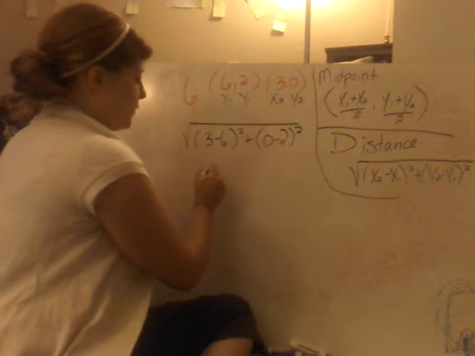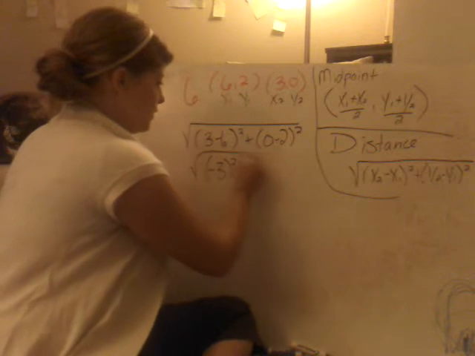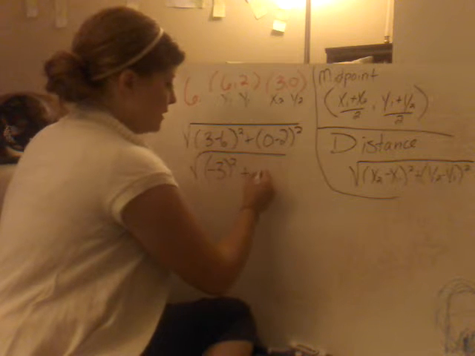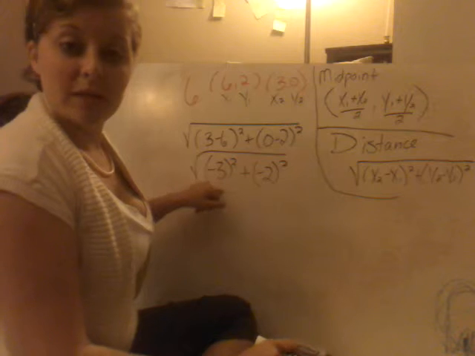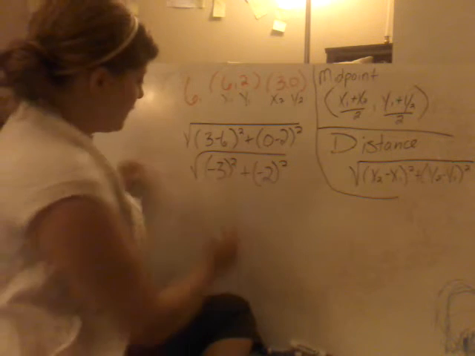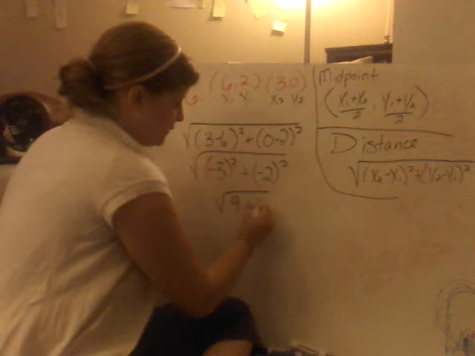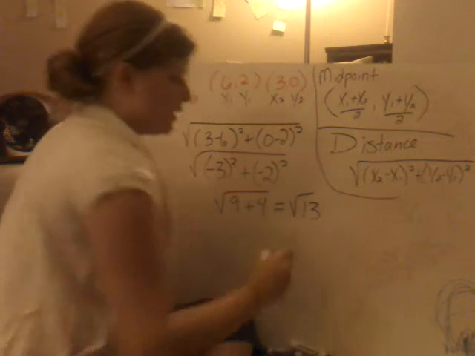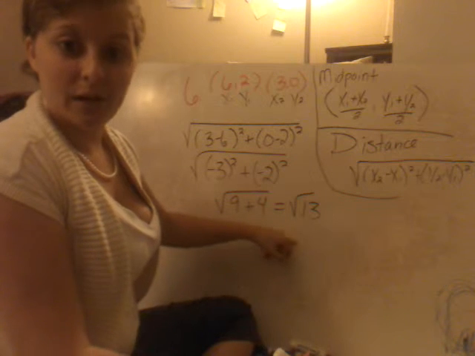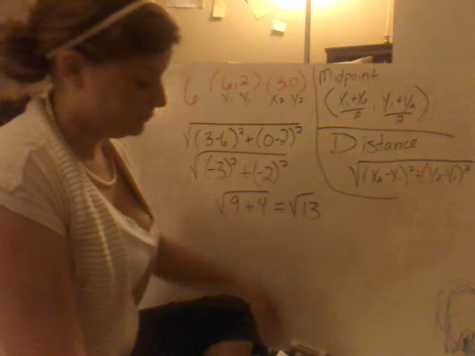This is negative 3 squared, under my square root sign still, plus negative 2 squared. Remember, negative times a negative is always a positive. So I've got the square root of 9 plus 4 gives me the square root of 13. 13 is a prime number. That's my final answer. That is the distance from this point to this point.